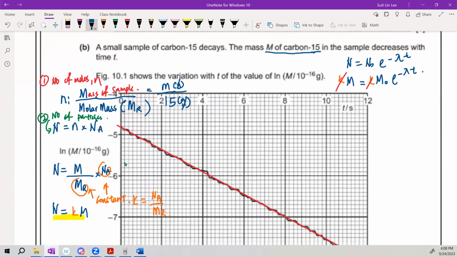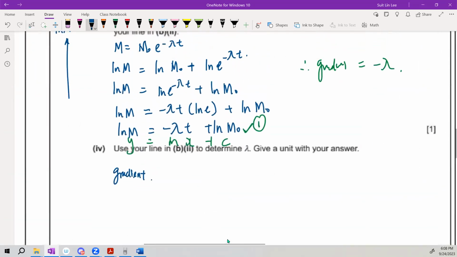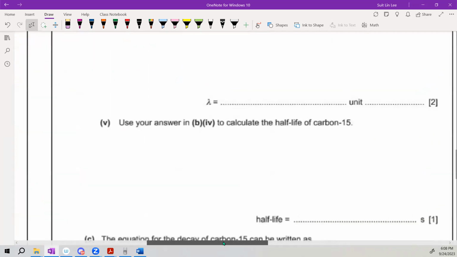There is no unit. ln is essentially unitless. Even if there is a unit, it's frozen inside the ln. Watch the recording to see more examples. So ln M is unitless. It is this 10 to the negative 16 gram that is frozen inside the ln.